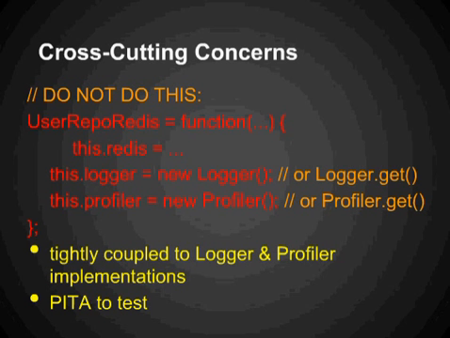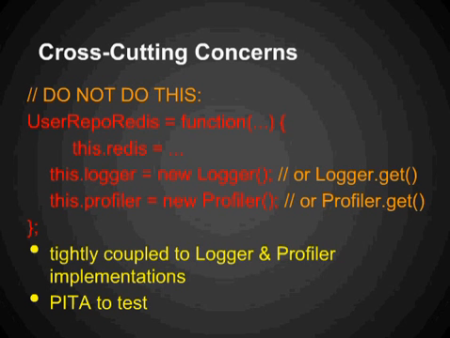So again, we're going to start with what we do not want to do. And what we do not want to do, for reasons we saw earlier, is in our user repo Redis implementation, burden it with logging and profiling. In this example, we want to add logging and profiling to our user repo objects.